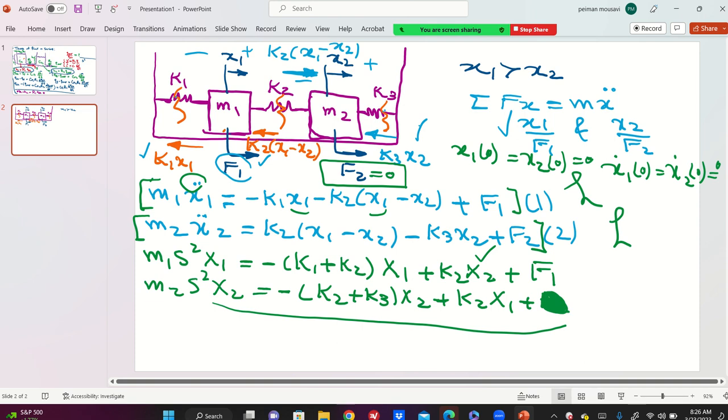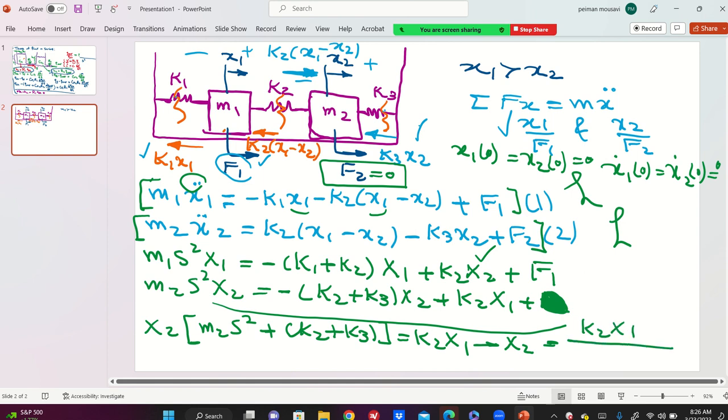So from here, if you move to the other side, you get x2 times (m2 s squared plus k2 plus k3) equals k2 x1. So from here I found x2 is going to be k2 x1 over (m2 s squared plus k2 plus k3).